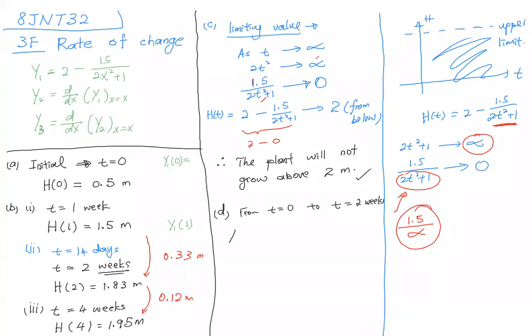So if I want to find the average rate of change, the rate of growth, that means the rate of change of height, okay? If I want to find the rate of change, the growth, what should I do? I told you already how to find average rate of change, the slope of the curve.